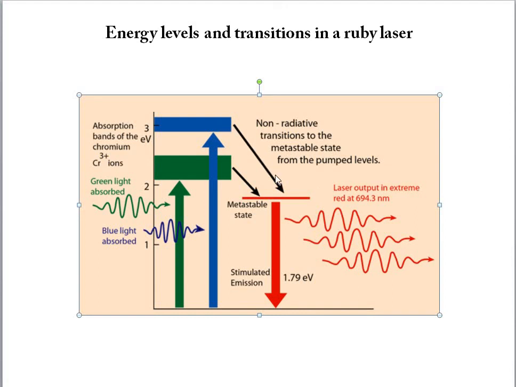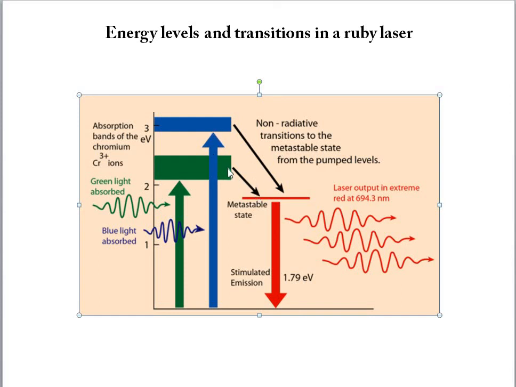The electrons are de-excited to this metastable state by transferring their energy to the lattice or to other atoms. It is a non-radiative transition, because no radiation or light is produced during this transition.